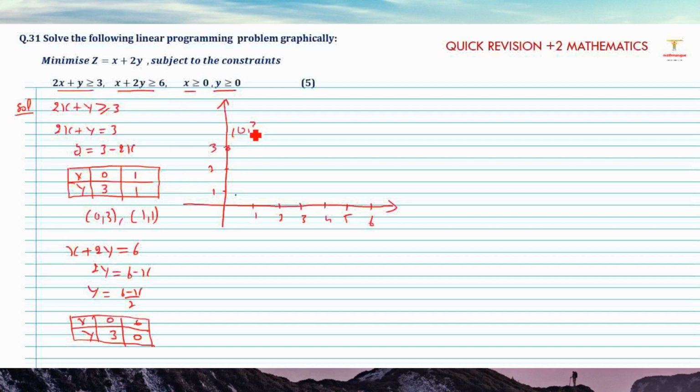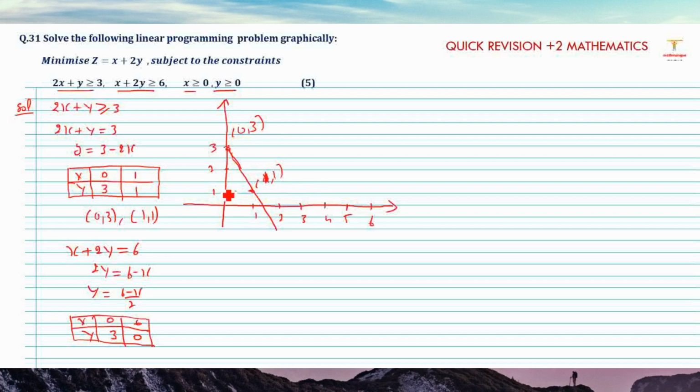So 1 comma 1 point is here. You can draw a graph which passes through 1 comma 1 also, like this. It is passing through 1 comma 1 and 0 comma 3. This is 1 comma 1.